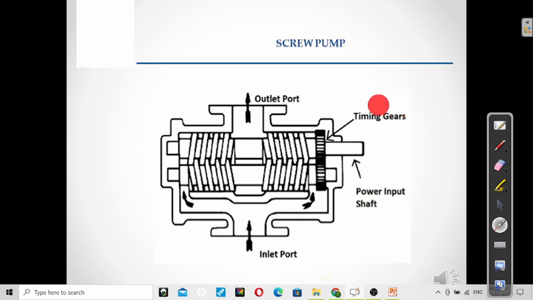This timing gear will mesh with the screw. When the screw turns, the oil will become pressurized and go outside. Here is the inside of the oil path, and this is the outside. This is the inside and this one is the outside.